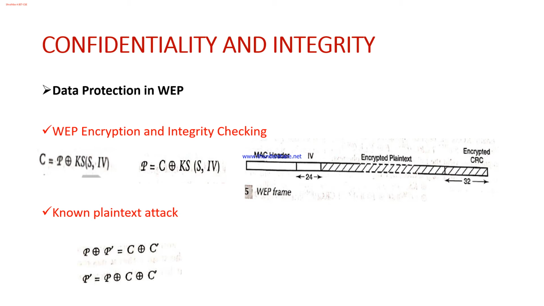Basically, this WEP protocol was designed for providing confidentiality, integrity and access control, but unfortunately it failed to provide all three. I'll explain how the plain text can be recovered from the message, and how the messages can be modified.